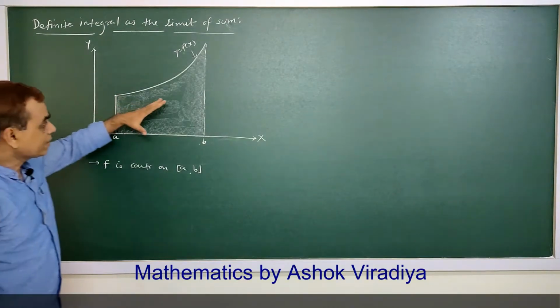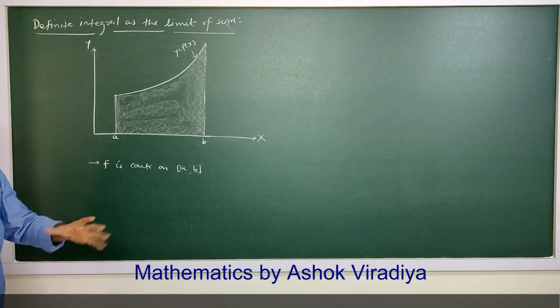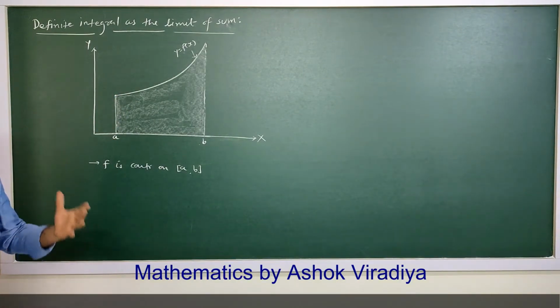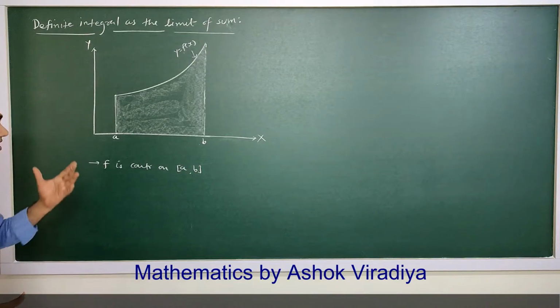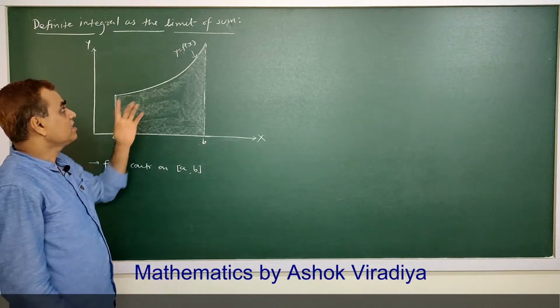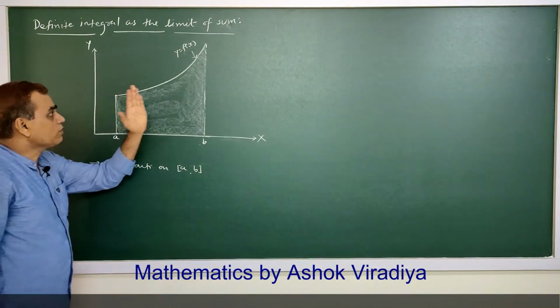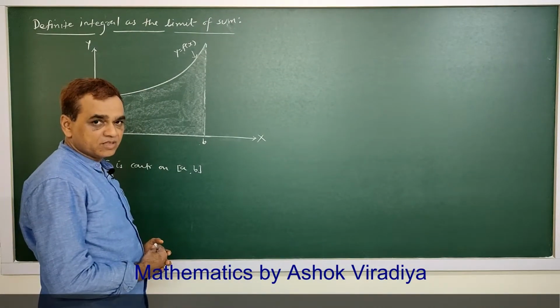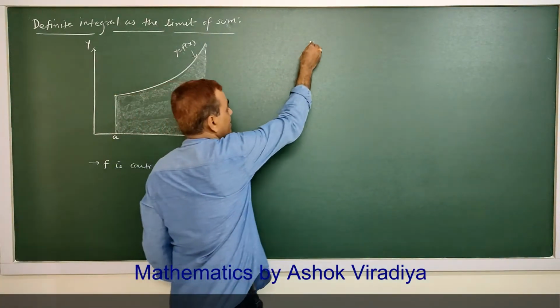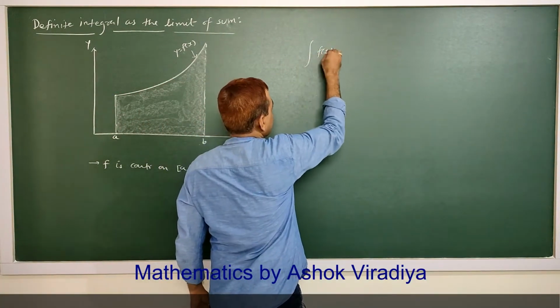Because this is not a regular shape, there is a method to calculate this area, and this area is the value of the definite integral of f(x) over the closed interval a to b, and it is denoted as the definite integral of f(x).